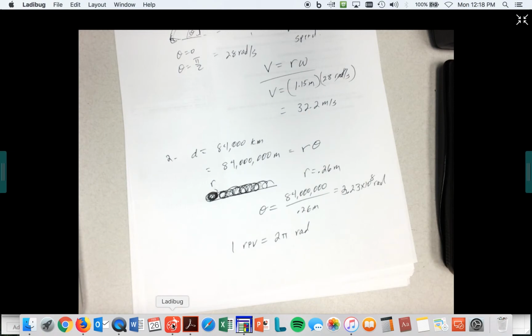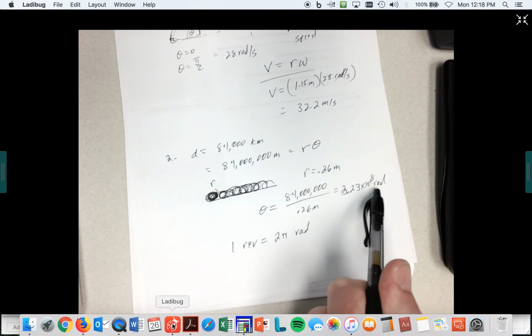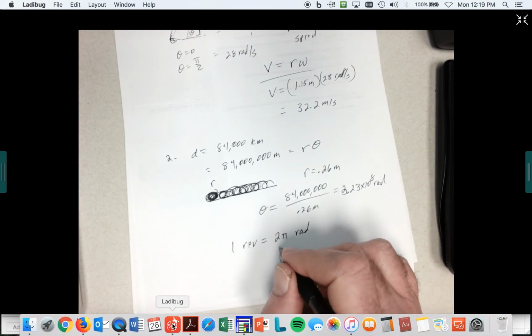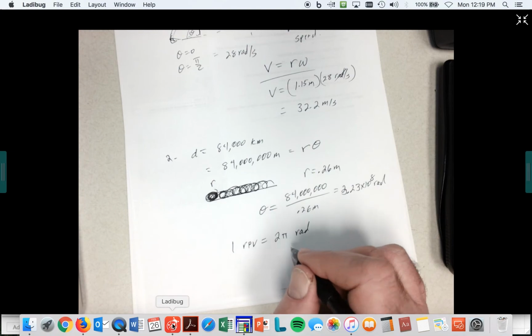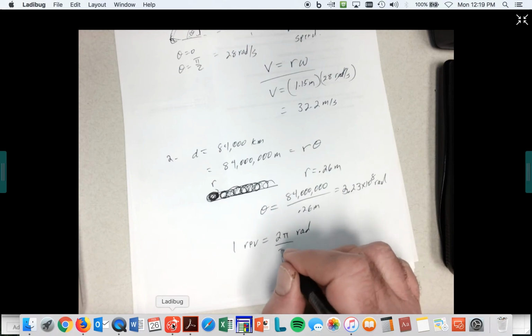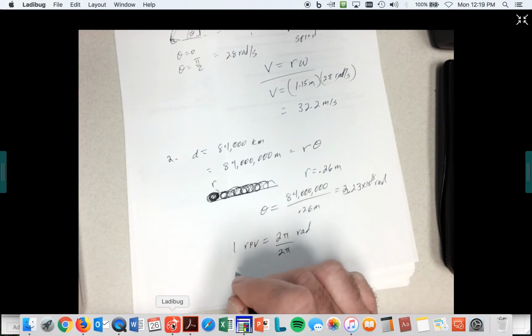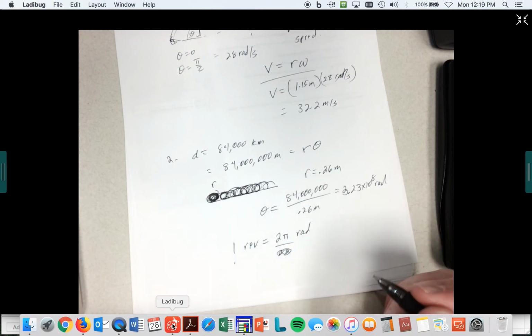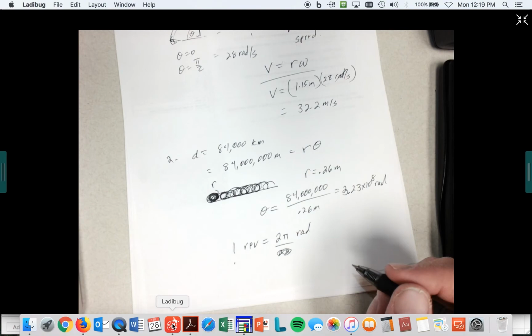So if I want to get the number of revolutions, I just divide by 2 pi.